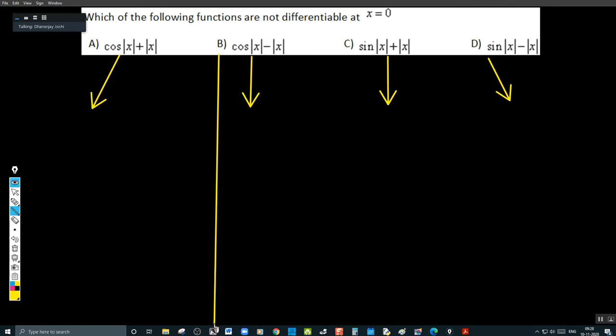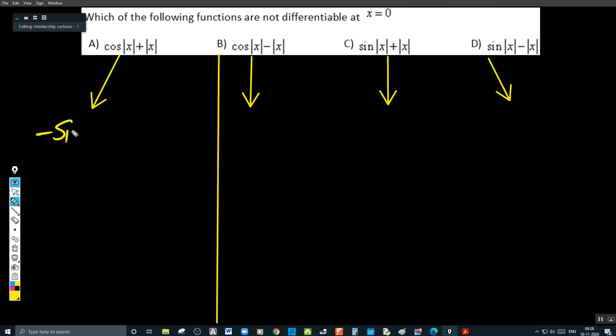Let me check. Whenever you come across questions of differentiability, just find the derivative directly, no problem at all. What is the derivative of cos mod x, please? Anyone in the class?